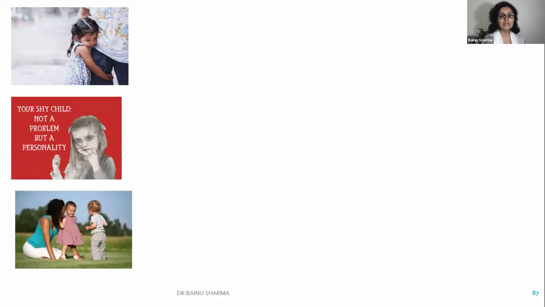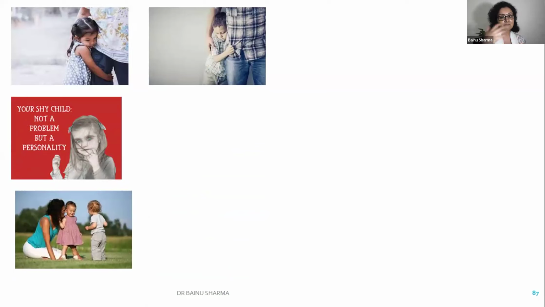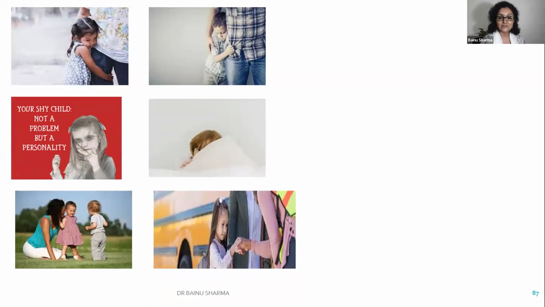The child might be hesitant to make new friends or hesitant to talk to new people in a new surrounding. The child might hide behind the parent. He might hide behind the blanket, or he might be reluctant to talk to people. These are a few expressions of timid children.